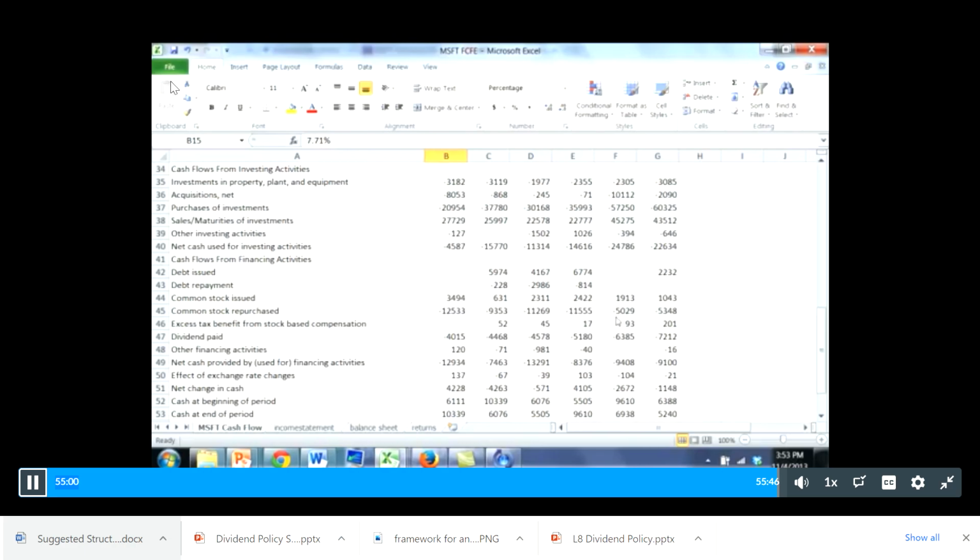And we would probably expect to see the repurchase number fluctuate more, more of an as needed or as available cash payout versus the more steady dividend payout.